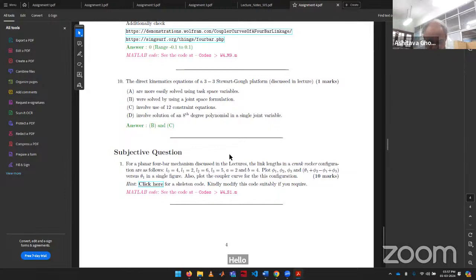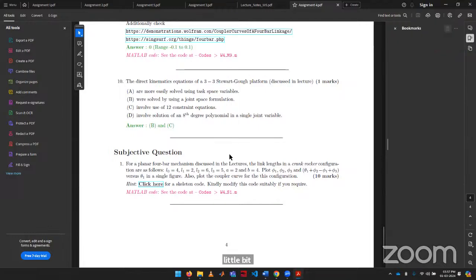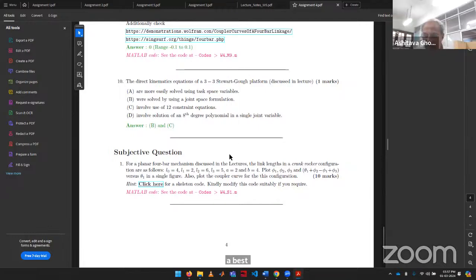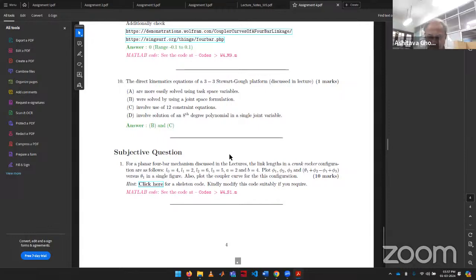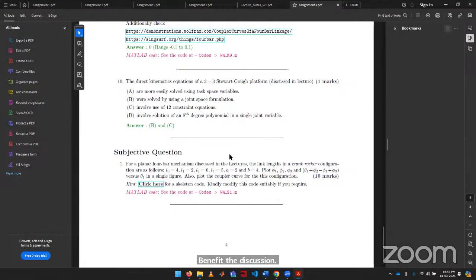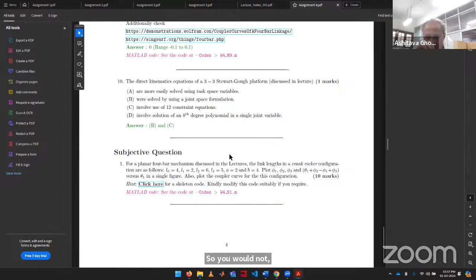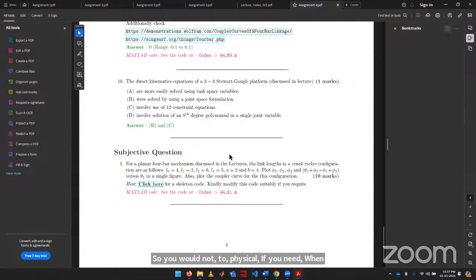So feel free to send me or the TA an email, or post questions on the forum. It will be best to post the questions in the forum so that everyone can see them and benefit from the discussion. Please don't send email directly, but if you have personal questions, then it's fine. If you want to have a discussion, please use the discussion forum, so that if someone has the same doubt, it will be clear for them.